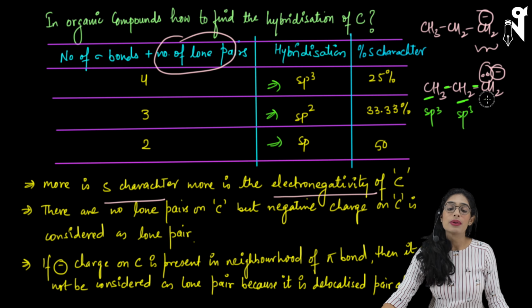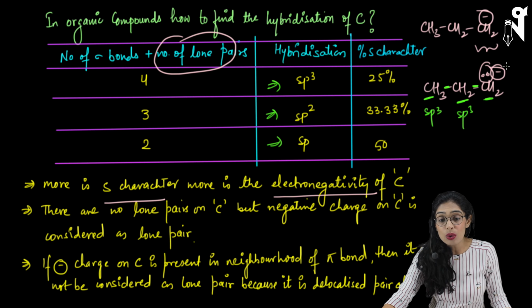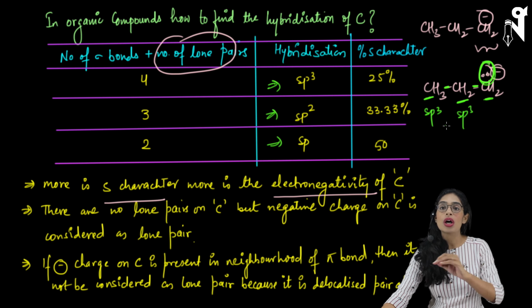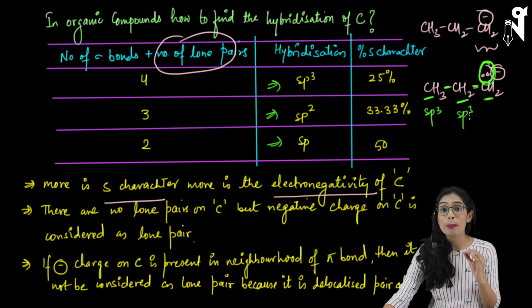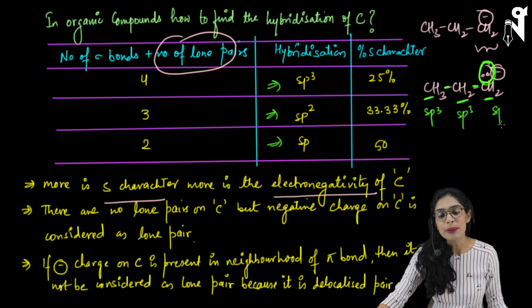Let's talk about this carbon. This carbon is making 3 sigma bonds, and it has one lone pair. The negative charge is due to the pair of electrons, and that pair will be considered as a lone pair. Again, the sum comes to be 4, and hence the hybridization of this carbon will also be sp3.